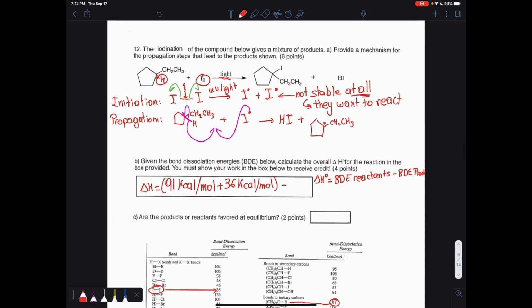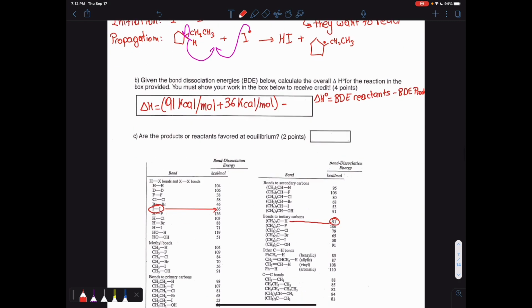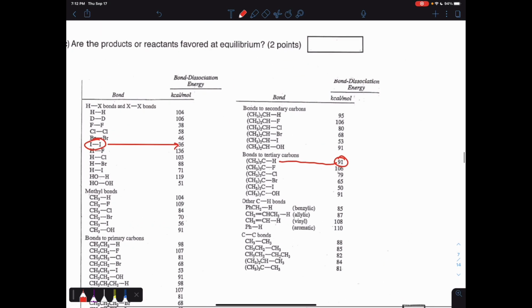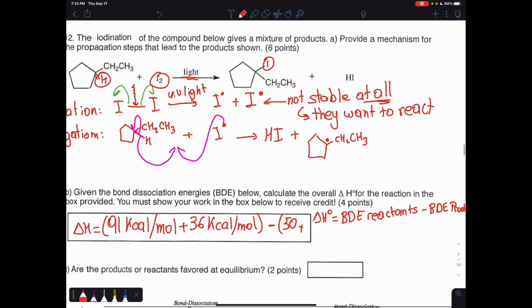minus, so you got to look at the product now and what bonds were formed here. So if you look here, the first bond that got formed is this iodine. So it's a tertiary iodine, so you look at the bonds to tertiary carbons, but this time you'd look at this one with the iodine. So that's 50. So it's going to be 50 plus, we formed the HI bond.